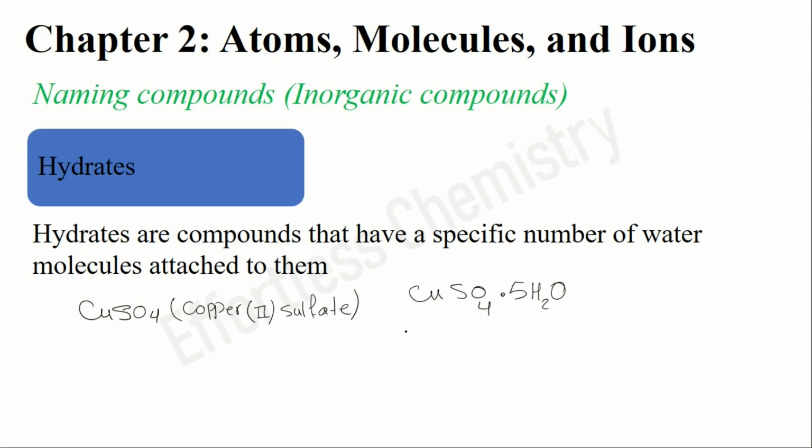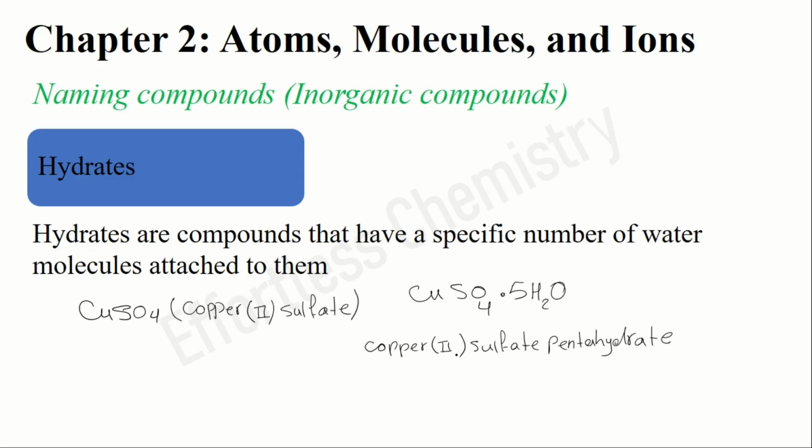So if I want to write the name, it is copper 2-sulfate pentahydrate, and its formula is written as you see.